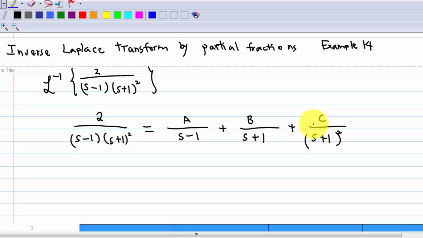It is easy to find A. You can use cover-up to find A. A is above s minus 1.